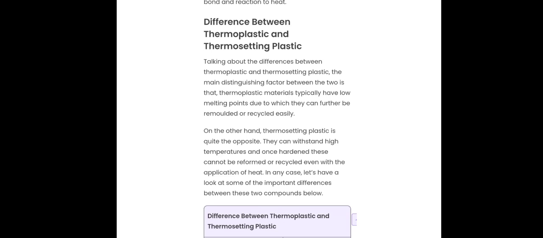The first important major difference is that thermoplastics are synthesized by the process called addition polymerization, whereas thermosetting plastics are synthesized by condensation or step polymerization.